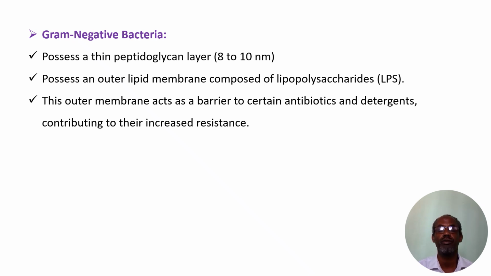These are considered endotoxins because they are antigenic. They stimulate our immune system to produce antibodies and inflammatory chemicals so that inflammation may occur. Thus, the outer membrane acts as a barrier to certain antibiotics and detergents due to the presence of the outer phospholipid membrane.